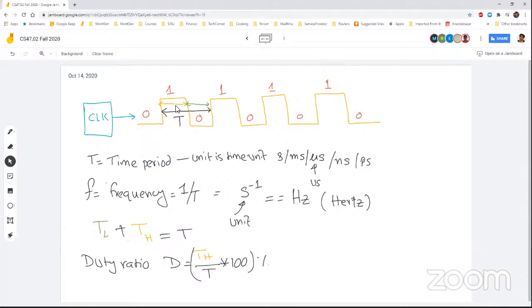Usually we go with the lower duty ratio for the clock. So for the clocks used in these processors, are they all quartz clocks, like the quartz crystal in watches? Yes, quartz is the fundamental element that gives you these repetitive electrical voltage or current, whatever you want to think of.